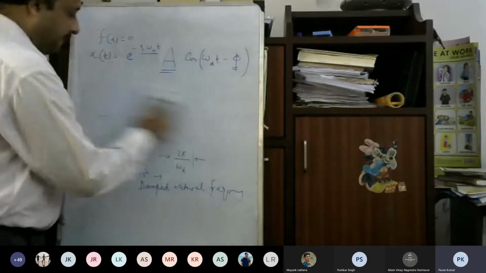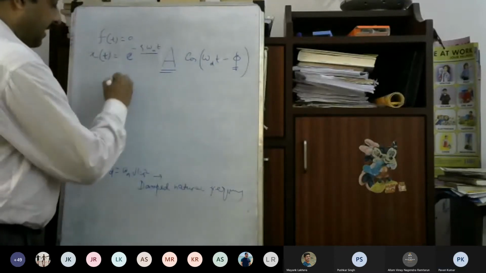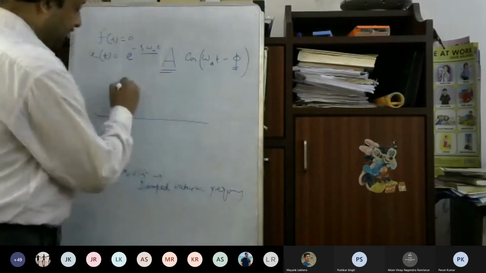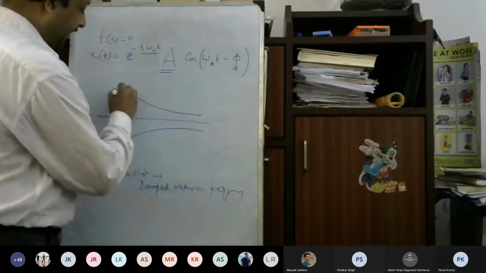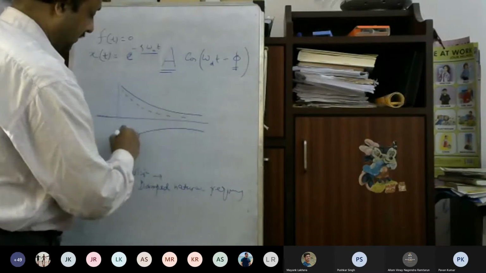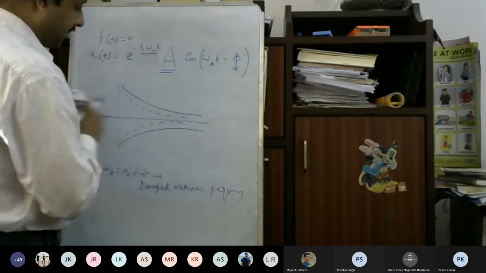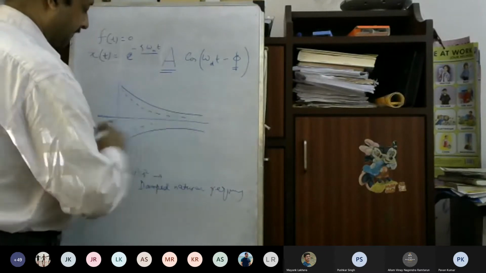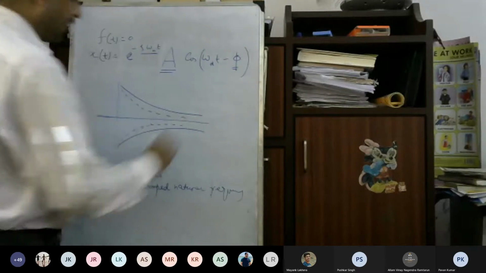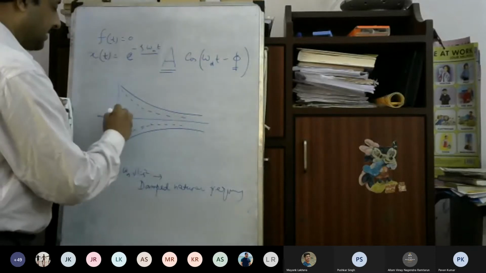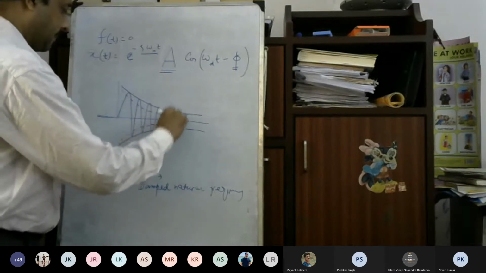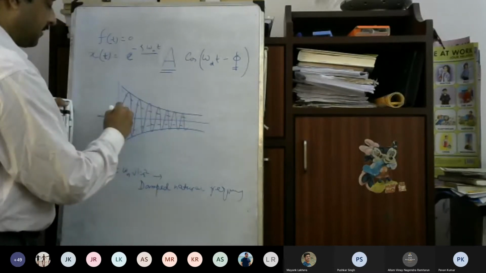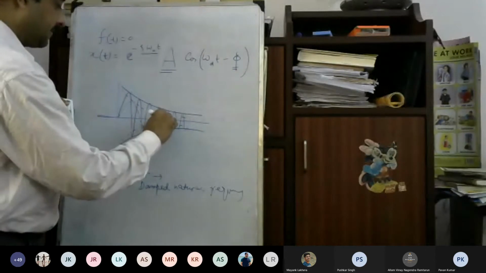Okay, so if you increase the damping, first of all this envelope will squeeze up, and what will happen to this part? The time period will increase, which means this will be more and more slow, right?